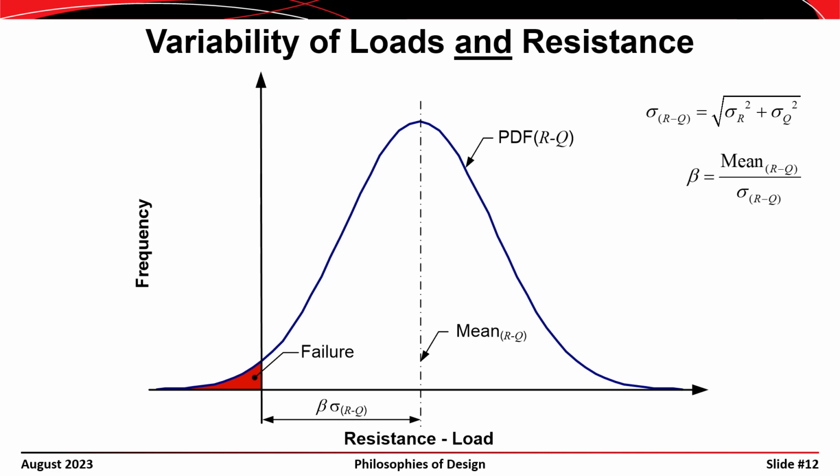By setting beta as our independent design parameter, we can control the probability of failure that we would have for our structure or for our components. Now, setting a value of beta is fundamentally a more rational approach to the design of structures than setting a value of the factor of safety, for example.